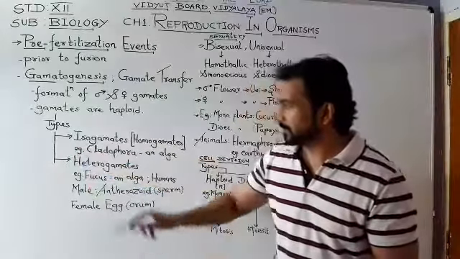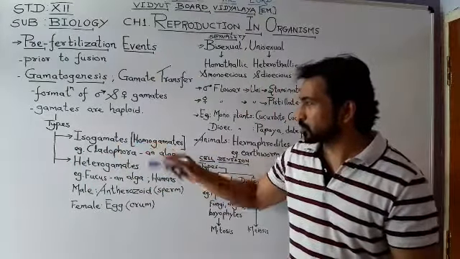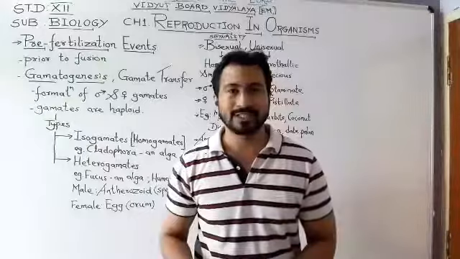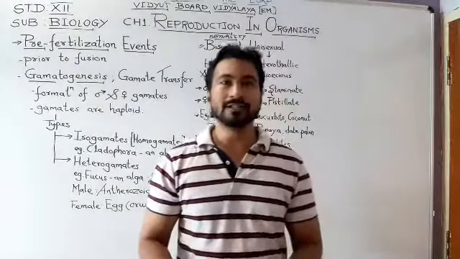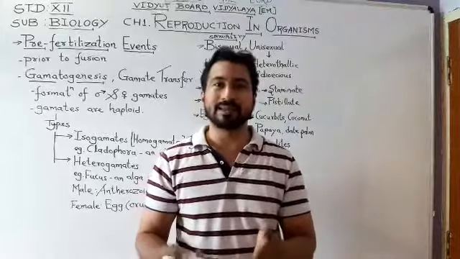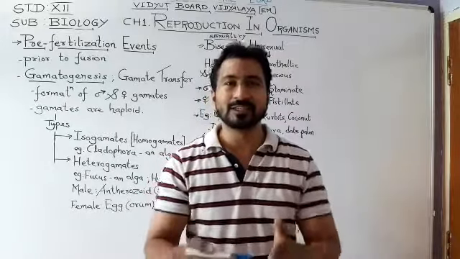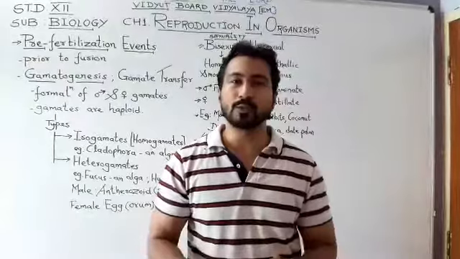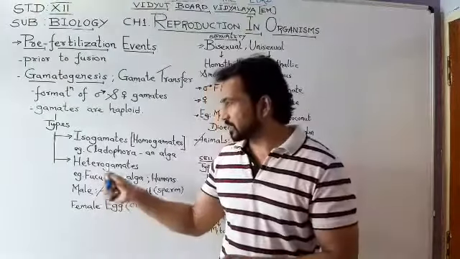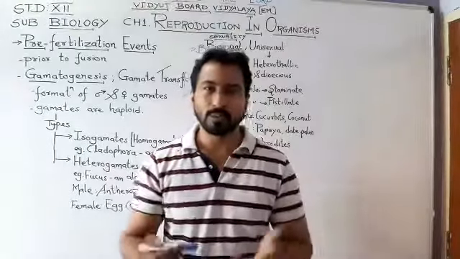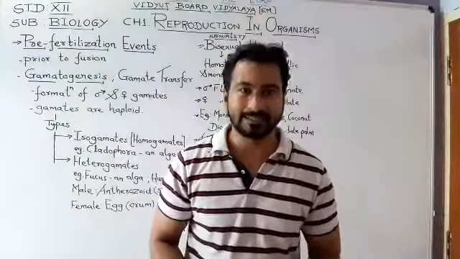Fine. Further, these gametes are of various types. The first type, the isogametes, also known as the homogametes. Iso means the same. So here the male gametes and the female gametes are exactly the same. You cannot distinguish between the male and the female gametes. One example is Cladophora, which is one type of algae.